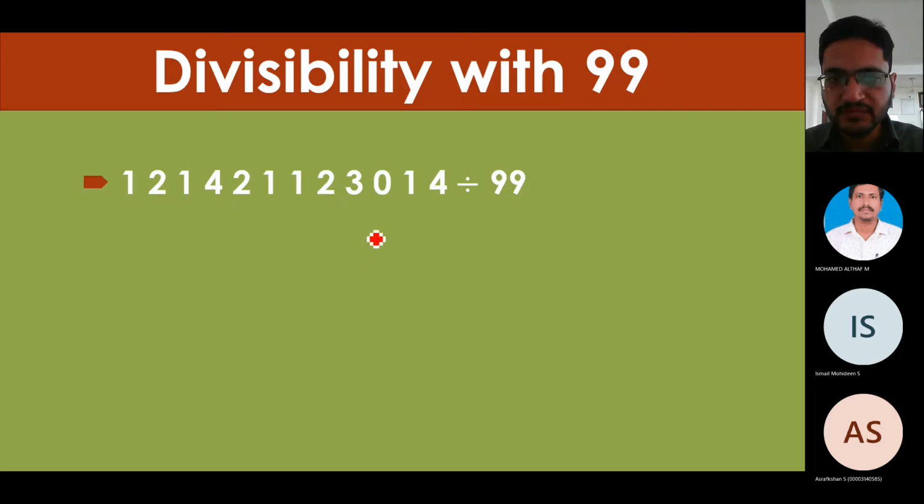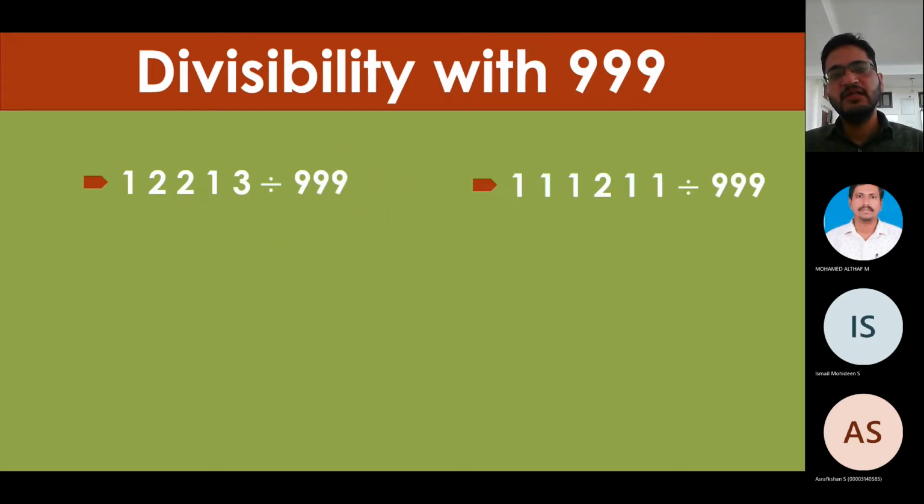Now you can apply the same procedure when you divide a number by 99. The same procedure can be done when we divide any number by 999. In this case we will make pairs of three digits.